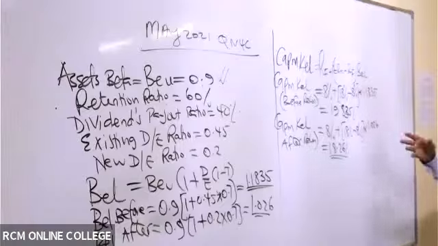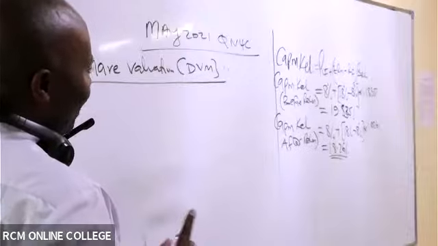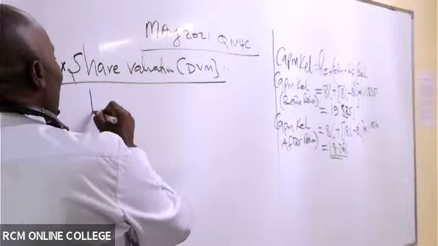Share valuation. And remember, we shall use what we call the dividend valuation model. Na mnajua mtu wa dividend ni Ke, si ni kweli? If it's Ke's model, we know that P0 will be dividends, isn't it? And these dividends will keep on growing.